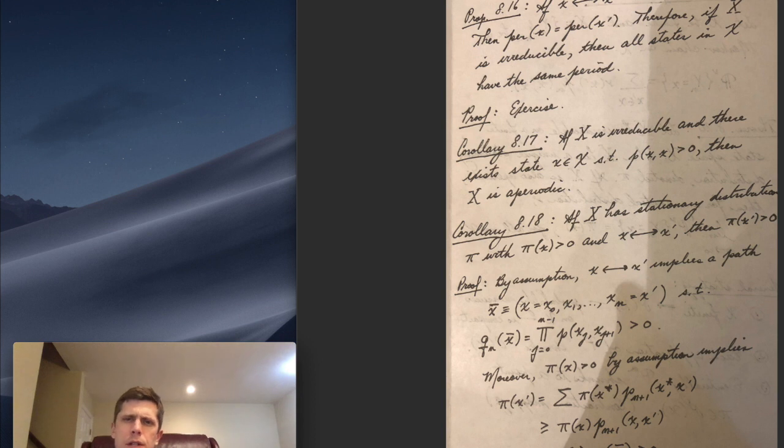So the first thing that we talked about last time was that if two states communicate, then they have the same period. Remember, we define the period of a state to be the greatest common divisor of the number of steps in which I could come back and revisit a state, going from x to x. This is all review from last time, so I'm not going to go over the details.